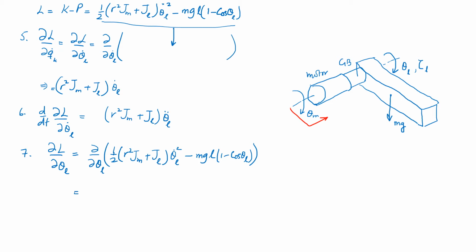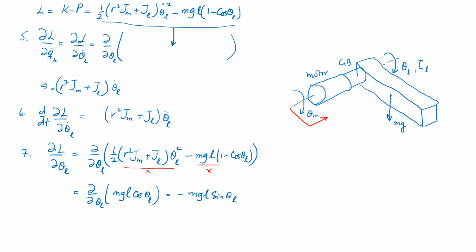So when you do that, that is going to be actually partial of theta L of mgL cos of theta L, because this term as well as this term is not going to be needed, because it is not dependent on theta L. So that is going to give you the final expression for partial of L by partial of theta L, which is equal to minus mgL sine of theta L. So this is step number 7.